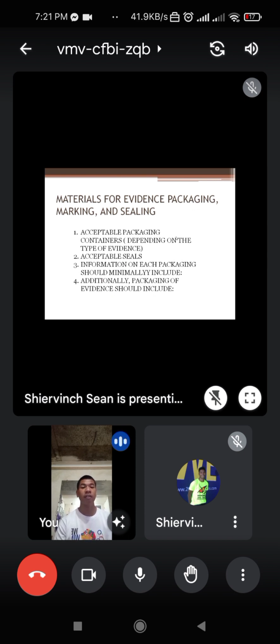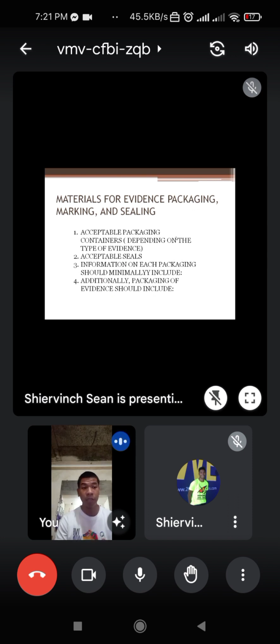Next are the acceptable seals: tamper-proof evidence tape, reinforced packaging tape, and hot seals. We can say the acceptable seals are those materials that are sealed well with the use of tape or seals.